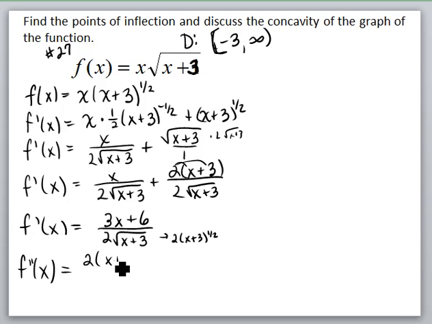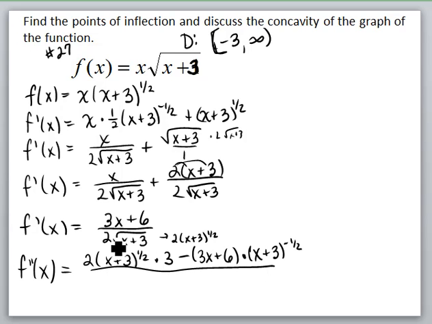Bottom times the derivative of the top minus the top times the derivative of the bottom. The derivative of the bottom would be 1/2 times 2, which gives me a 1, so just x plus 3 to the negative 1/2, all over bottom squared. Well, 2 squared is 4, and the square root of x plus 3 squared is just x plus 3.